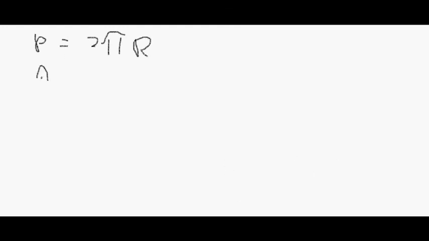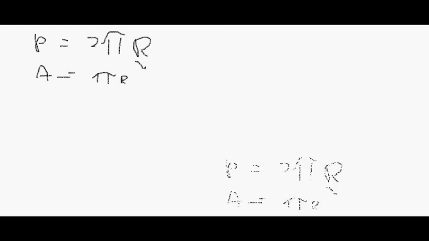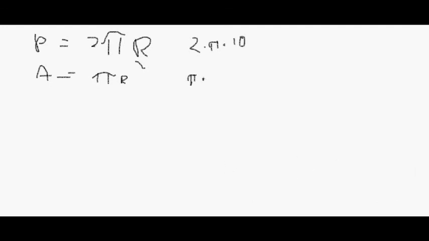And the area is pi r squared. So now all we have to do is just plug it in. So 2 pi times r, which is 10. And for area it's going to be pi times 10. 2 pi is 20. Next is 20 times pi.